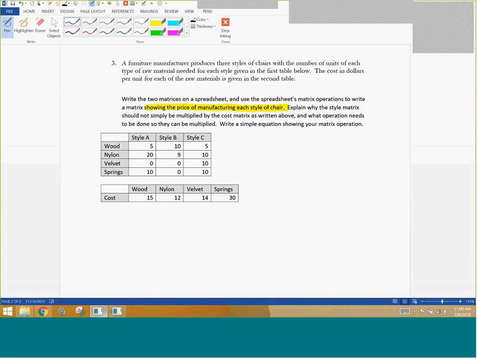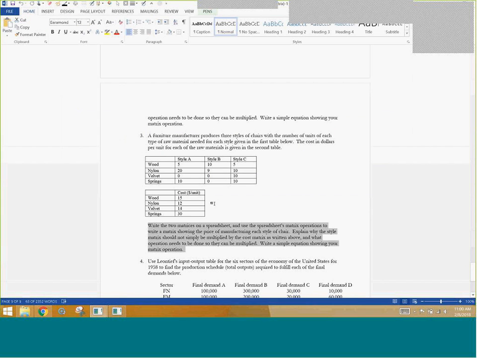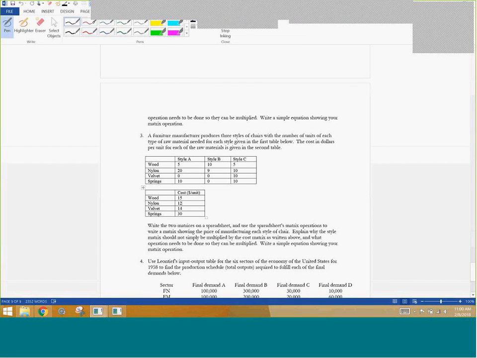If you go to the project, here, number 3. See how in the picture, the way it gave it to us was 4 by 1. This here was 4 by 3.